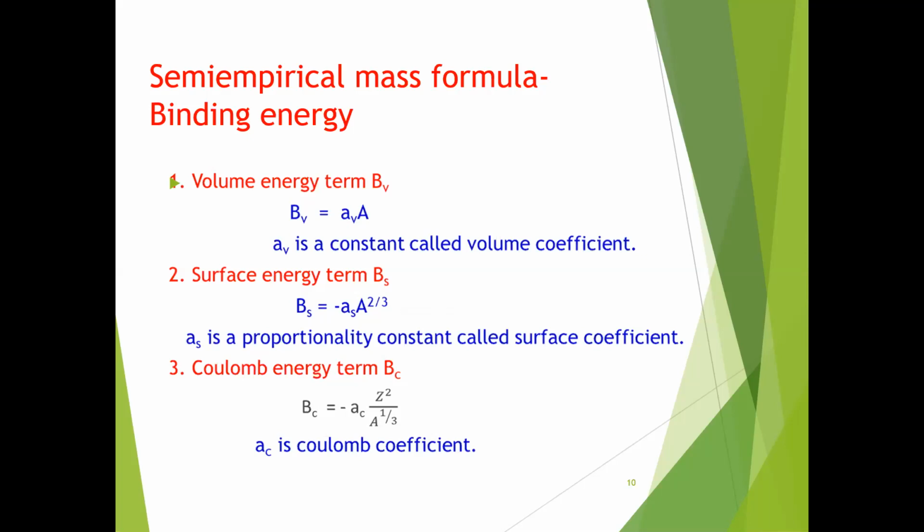Thus, the binding energy of the nucleus is reduced by an amount proportional to the surface area of the nucleus, which is called the surface energy term Bs. Bs is proportional to S, the surface area.